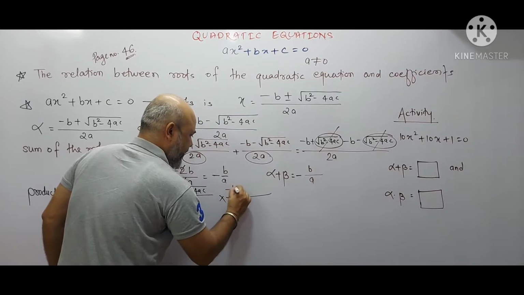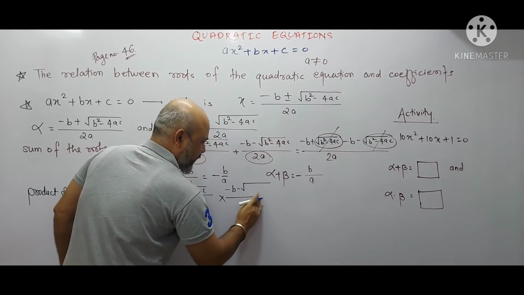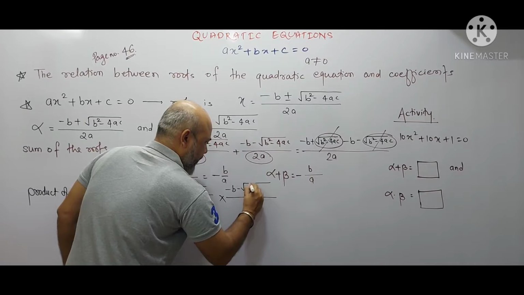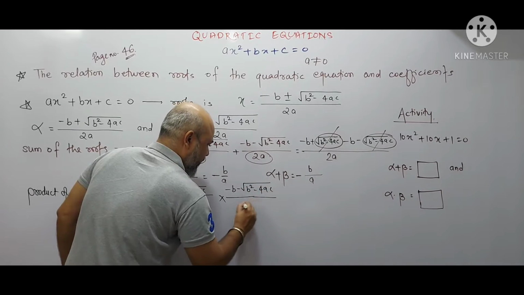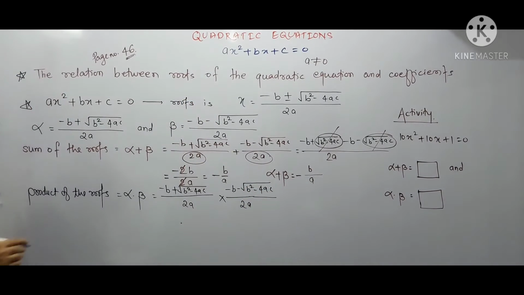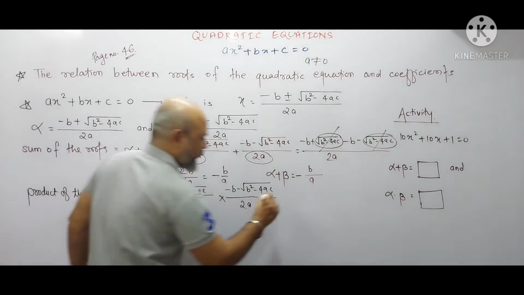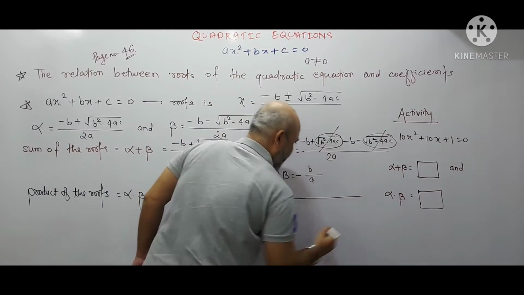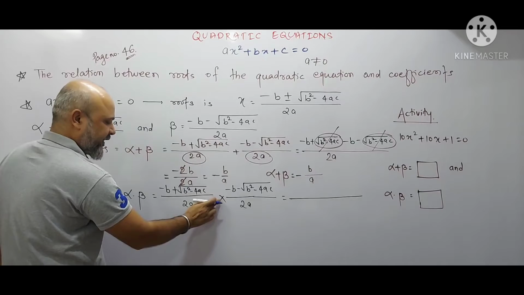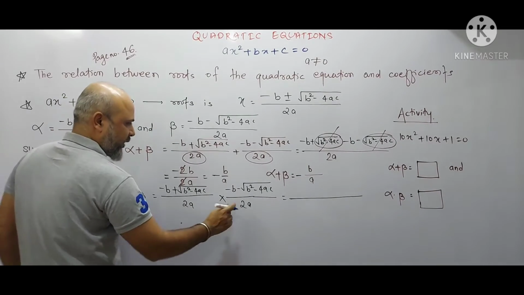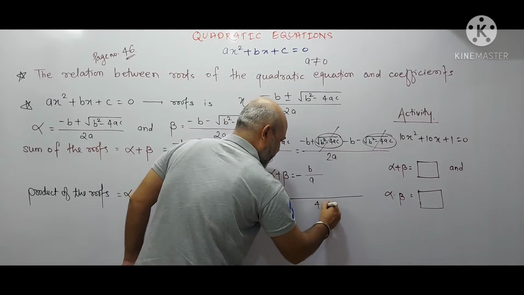Beta is (−b − √(b² − 4ac)) upon 2a. Okay. Now what will you get from the denominator? This is the multiplication. So 2a multiplied by 2a, this will be 4a².